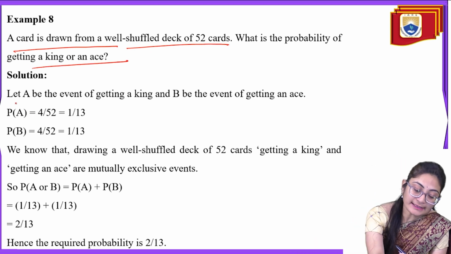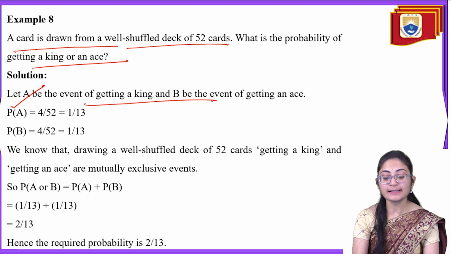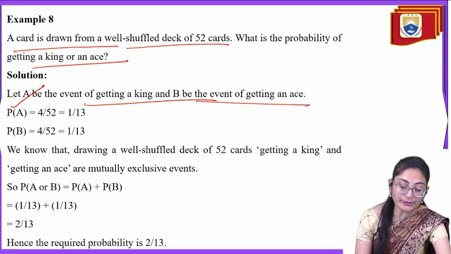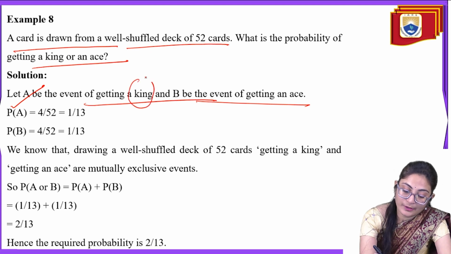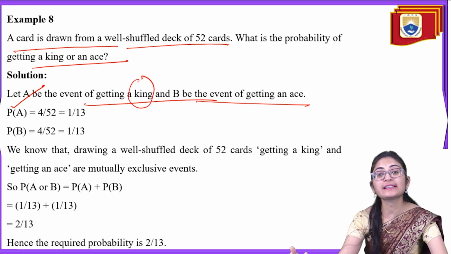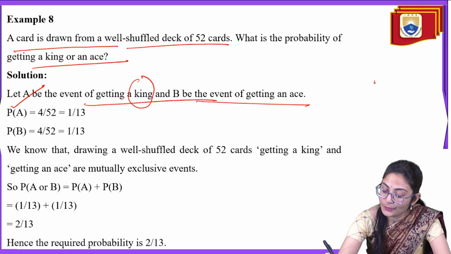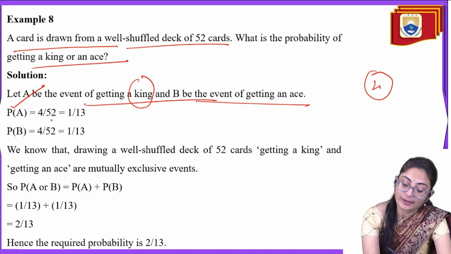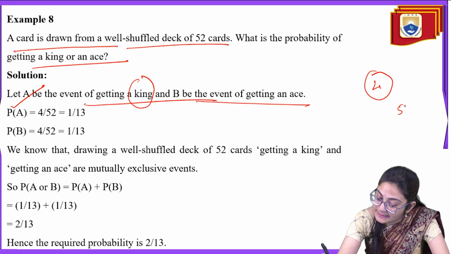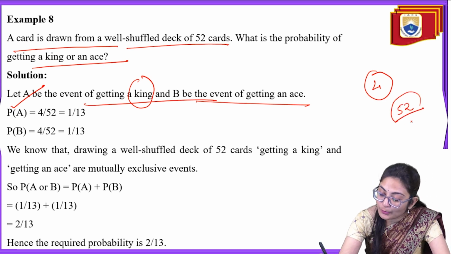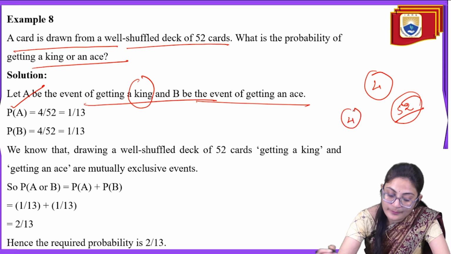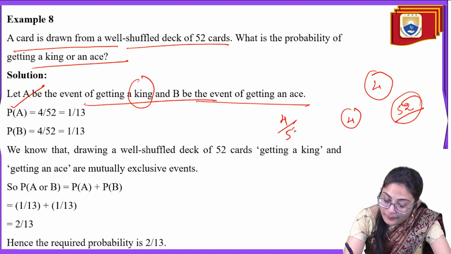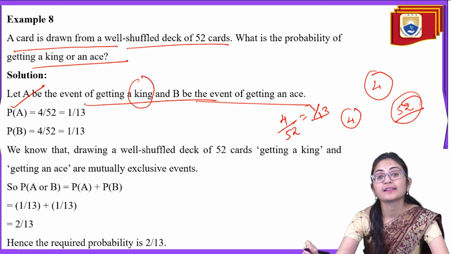Here, let A be the event of getting a king and B be the event of getting an ace. For the probability of A, we have 4 kings in the deck of cards. The total number of cards is 52, and out of 52, 4 are kings. So the probability is 4 by 52, that is 1 by 13.